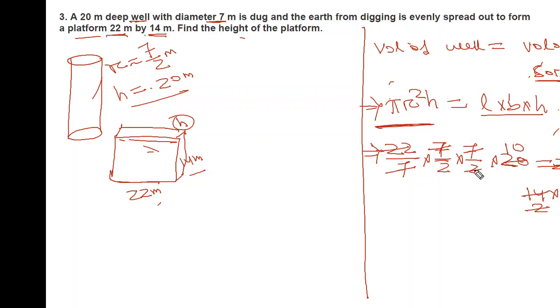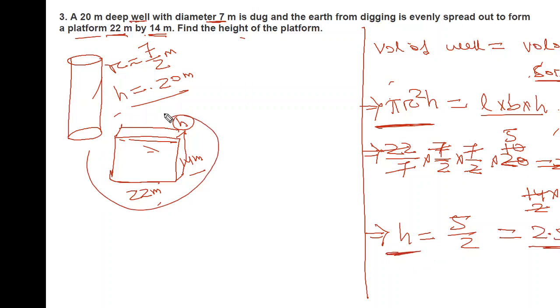You can cancel the 2 with this, it will be 5. Now you have h equals 5 by 2, which will be equal to 2.5 meter. So who is h? H is the height of the soil. So you can write height of the soil is 2.5 meter.